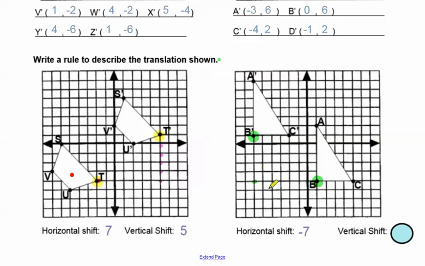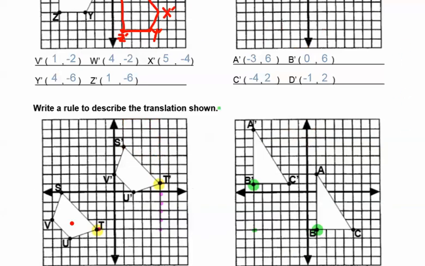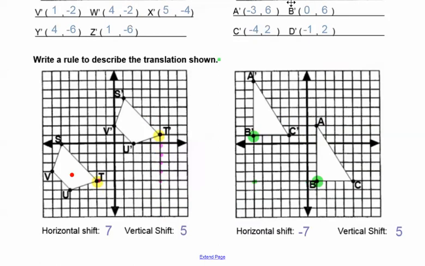And then next we're moving up 1, 2, 3, 4, 5. I moved up 5 for my vertical, which means my vertical is going to be positive 5. Once you feel comfortable with this stuff, let's go ahead and do the practice on the back.